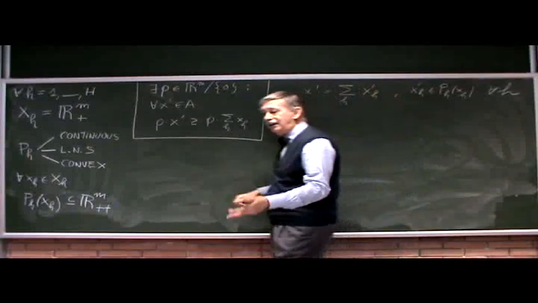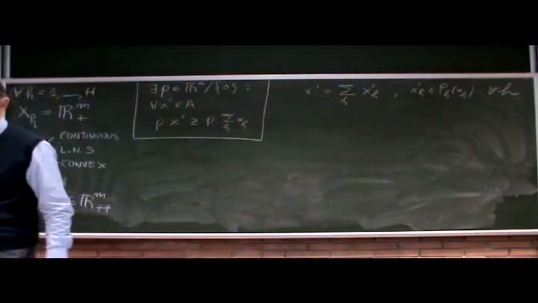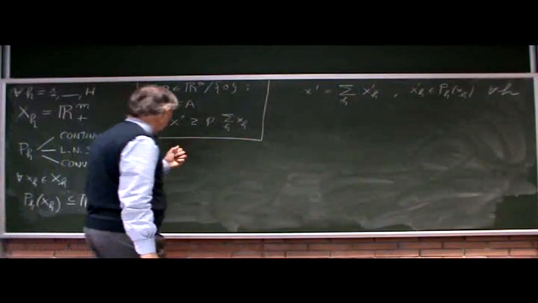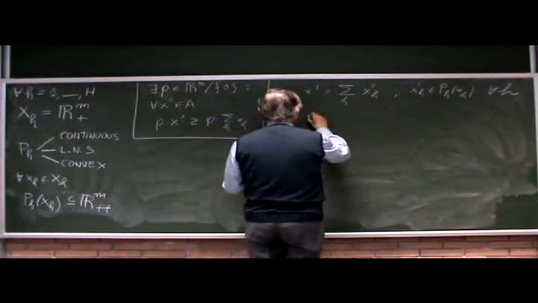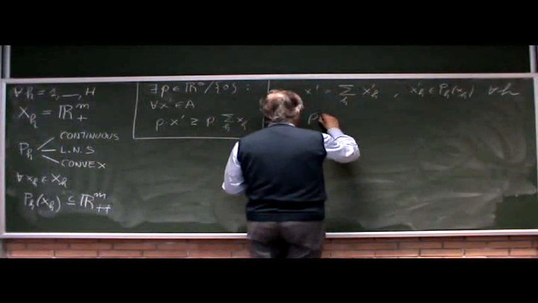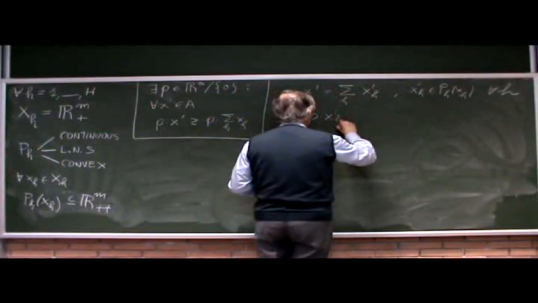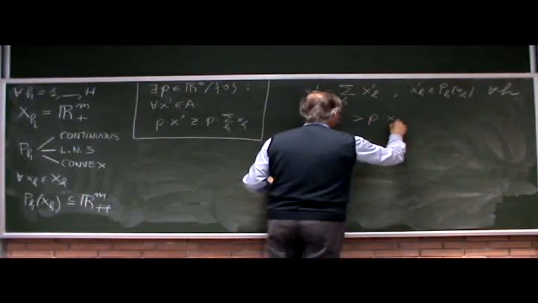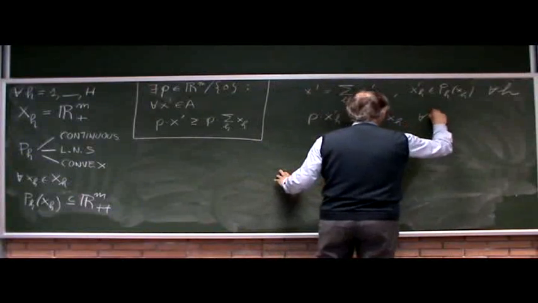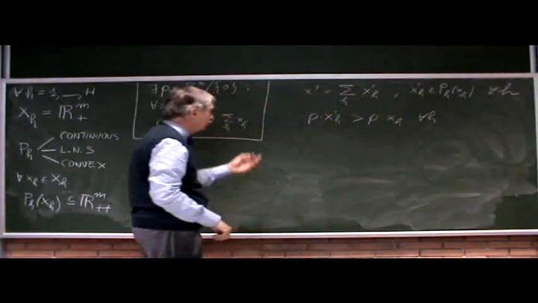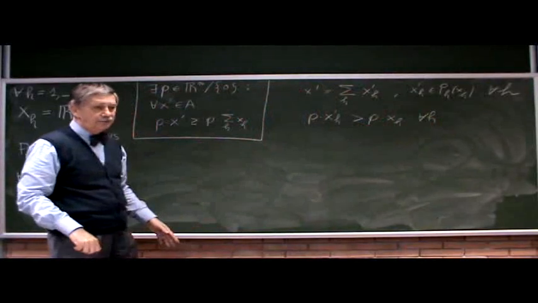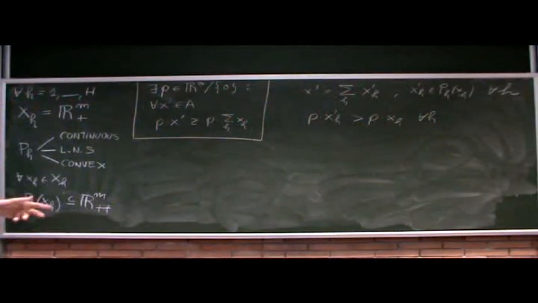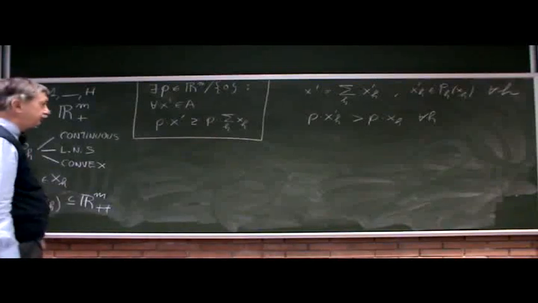This is by construction of the set A. I maintain that according to this price system, every point x prime h must have a greater value than xh. And therefore, our theorem is proved, because this is exactly the thesis of the second theorem of welfare economics.